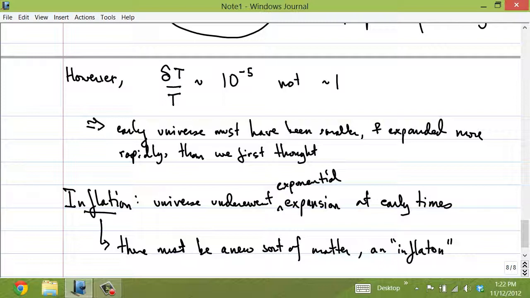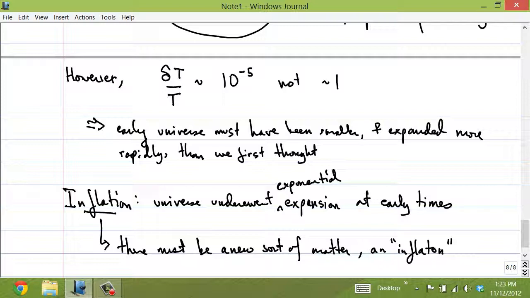Okay, we have not built any particle accelerator which has been able to see this inflaton. It would have to be a very large particle accelerator, much larger than the one running at CERN right now. But the evidence for inflation is really quite compelling.